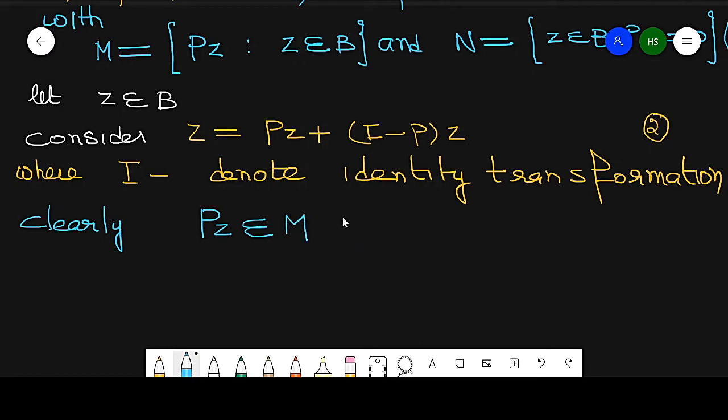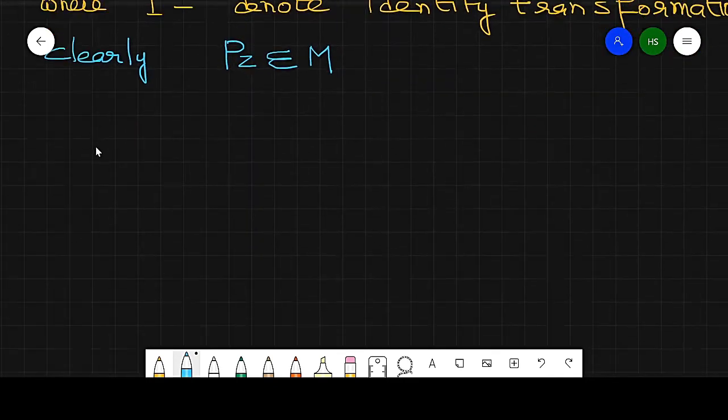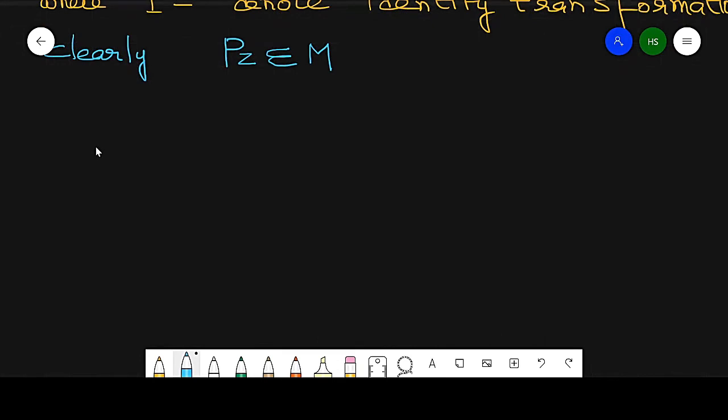It belongs to M. So clearly this PZ part belongs to M, because it is the range of P.